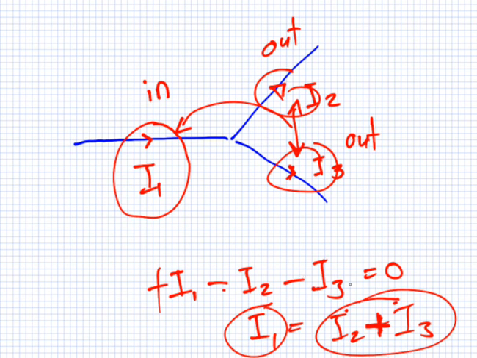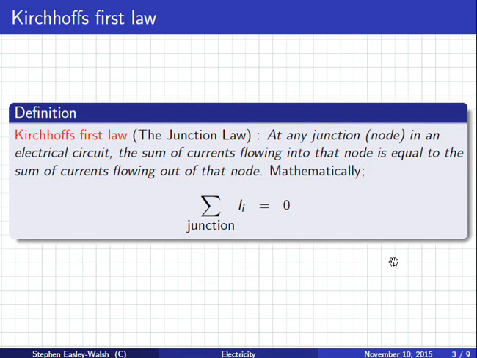The current in coulombs or in amps. So this is going in and these two are going out. So his law says I1 minus I2 minus I3 equals 0. It's the same thing as saying I1 equals I2 plus I3. That these two added together equals this one.